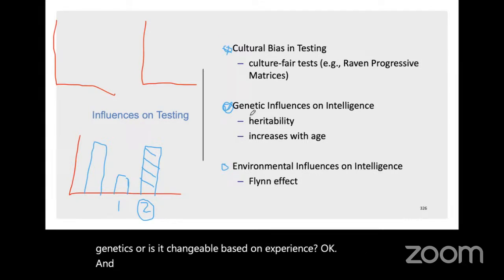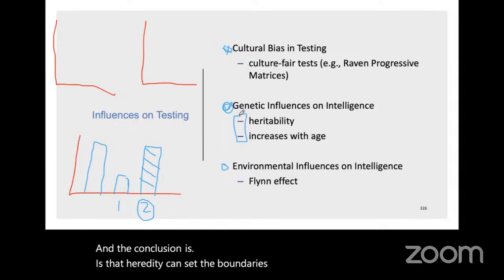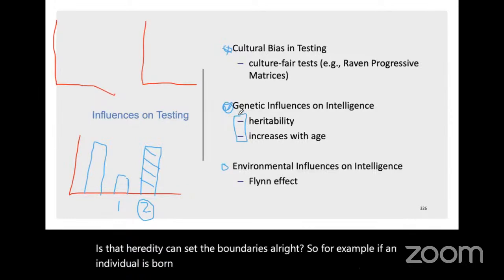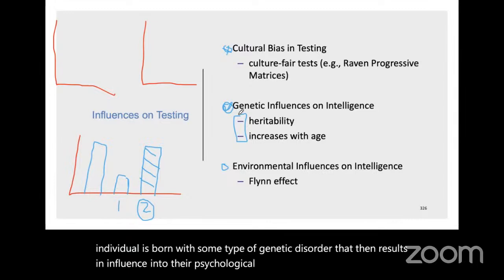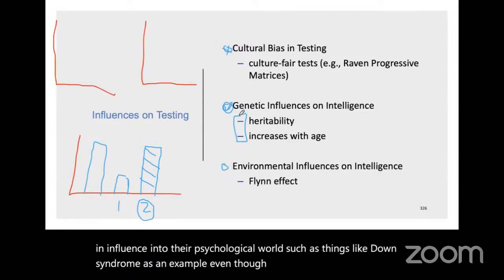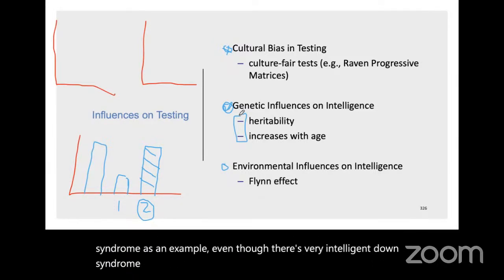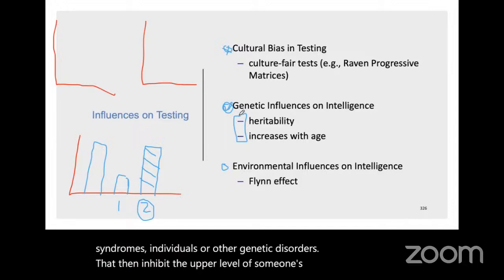And the conclusion is that heredity can set the boundaries, all right? So for example, if an individual is born with some type of genetic disorder that results in influence on their psychological world, such as Down syndrome as an example, even though there are very intelligent individuals with Down syndrome, or other genetic disorders that inhibit the upper level of someone's intelligence abilities, okay?